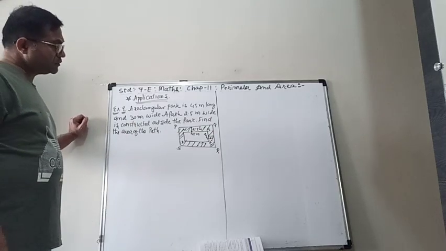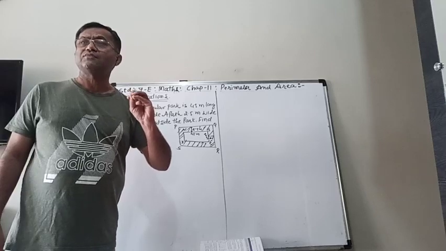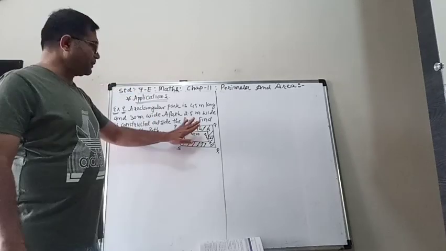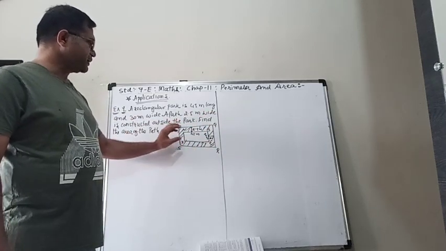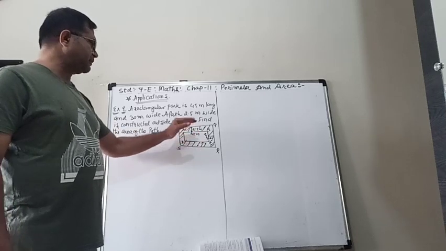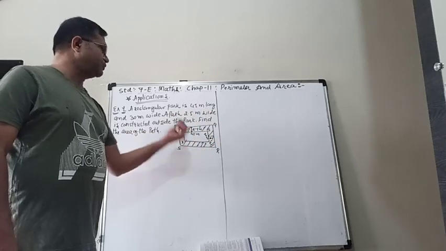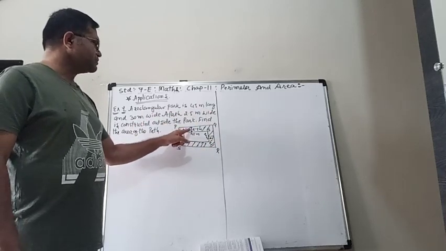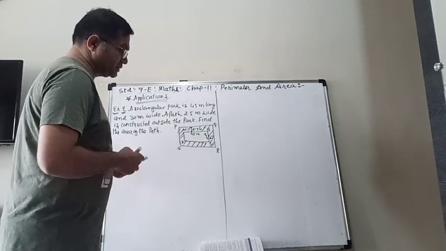We cannot directly find the area of the path. For that, we have to find the area of the whole PQRS, then find the area of the park, and then subtract the area of the park from the total area. So you will get the area of the required path.